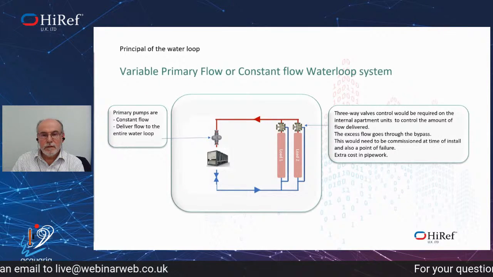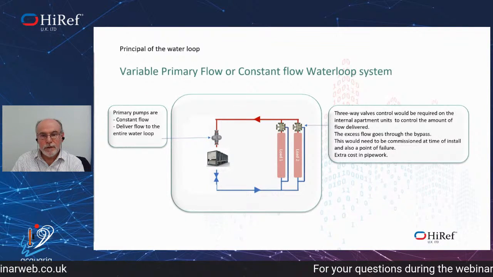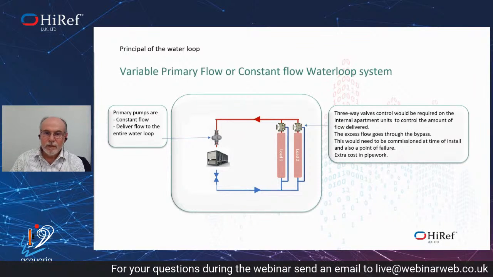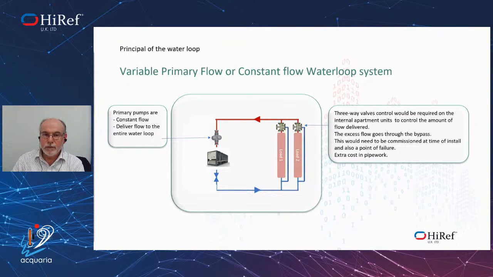But the load itself, the apartment unit or retail unit, would need to have a bypass if it was fixed flow. Now that bypass gives you more of a problem because of initial setting up and initial commissioning. And then you've got maintenance of that valve as well.